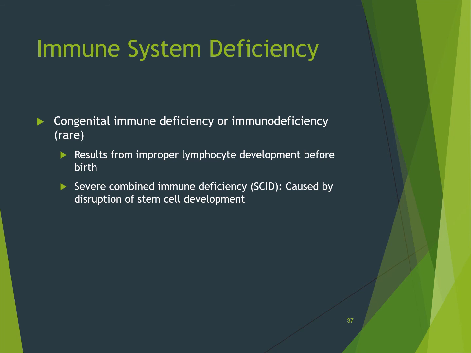So this is going to affect both humoral immunity and cell-mediated immunity. And some ways that we treat this is temporarily we can give them some immunoglobulins, inject them with that. And then long-term, we're looking at bone marrow transplants from healthy donor cells.